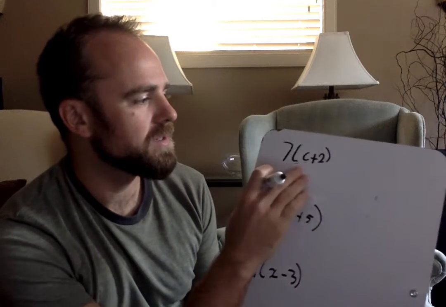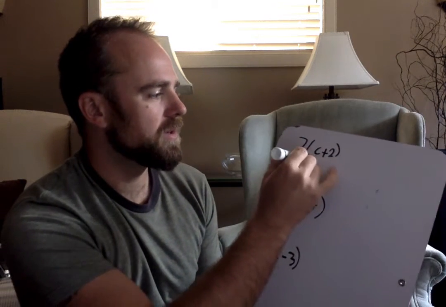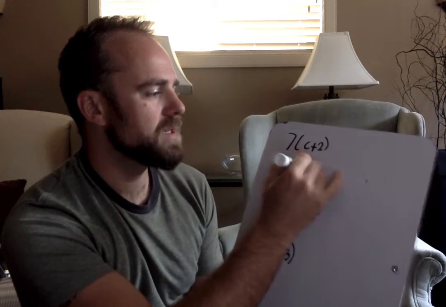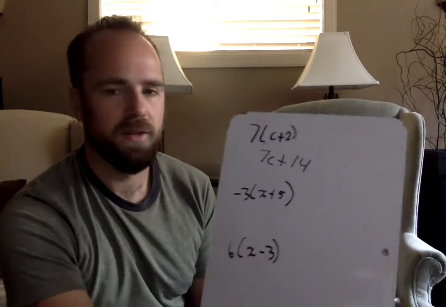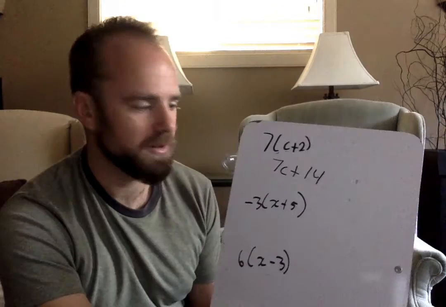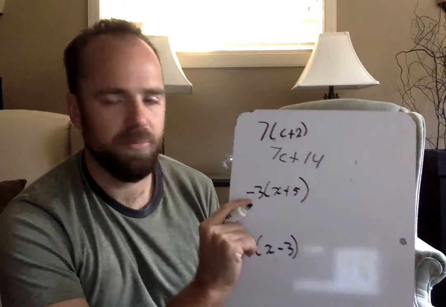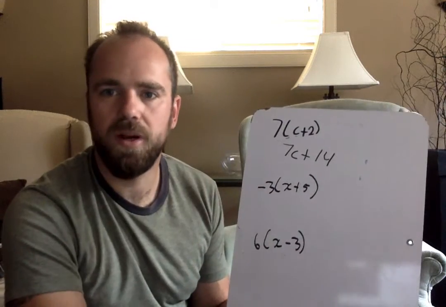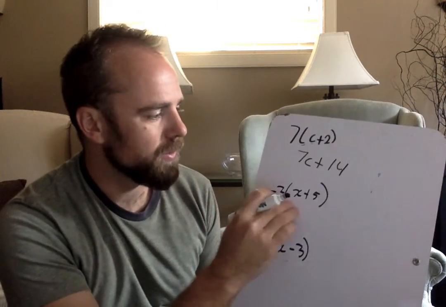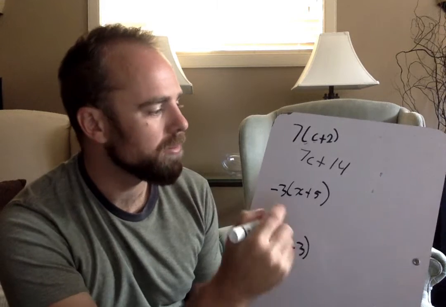We have 7 times c plus 7 times 2, which is 14. So that's what I should have as my answer. In this example, we actually have a negative, so we have to follow our rules for integers and make sure that we keep the proper sign.